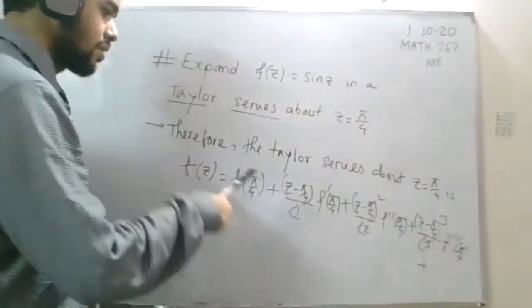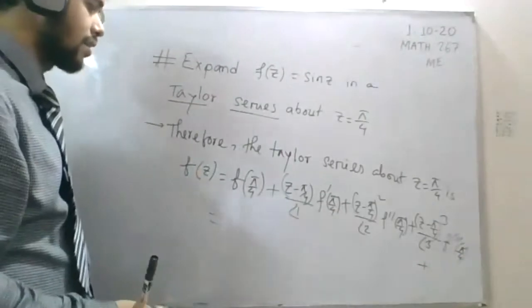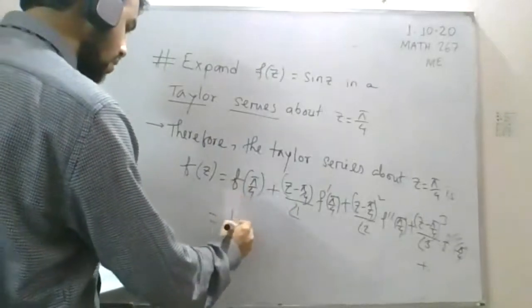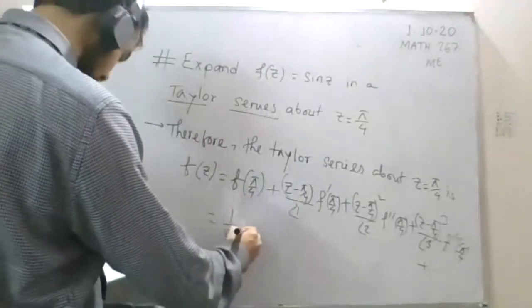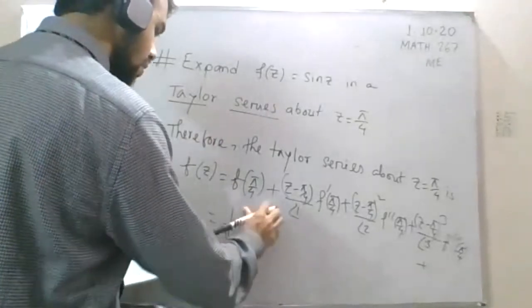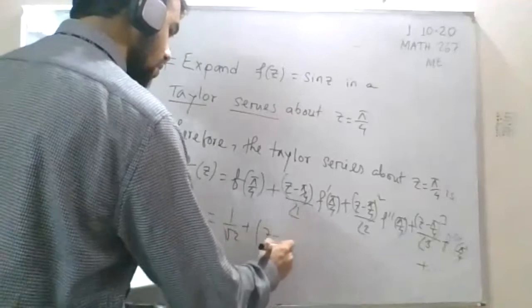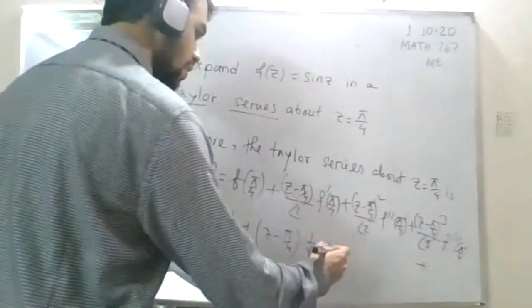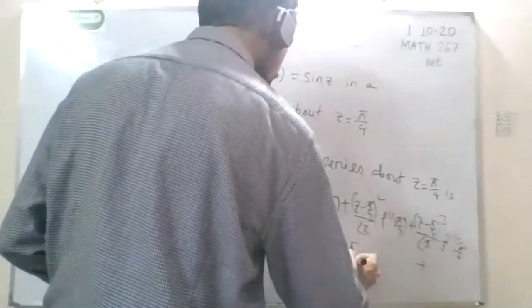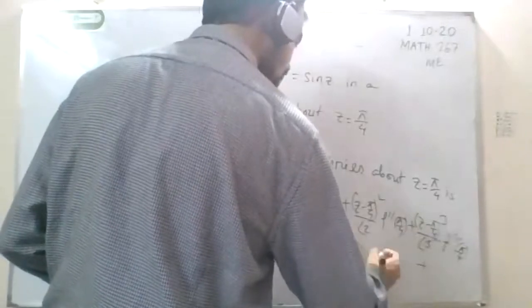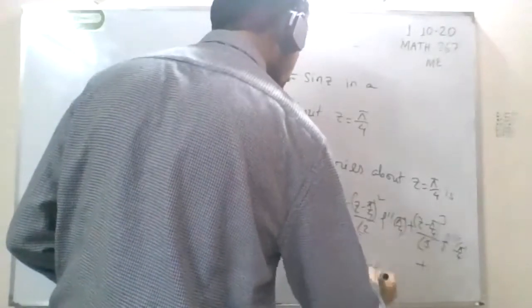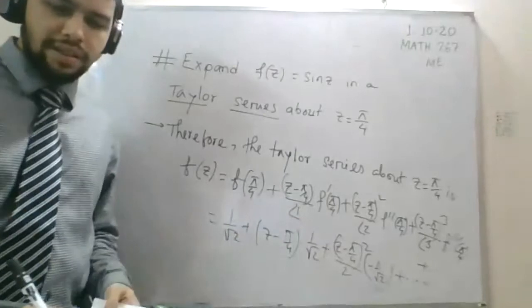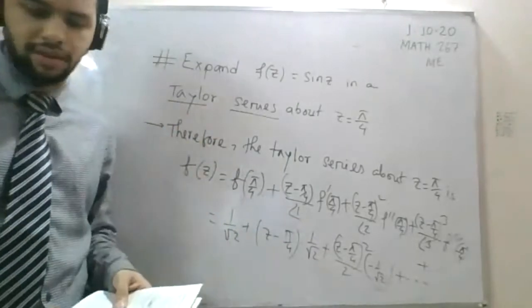Now just put your values in here: pi by 4 is here, 1 by root 2, and z minus pi by 4 into 1 by root 2, plus (z minus pi by 4) square into minus 1 by root 2, and so on. So this is your required solution for this problem.